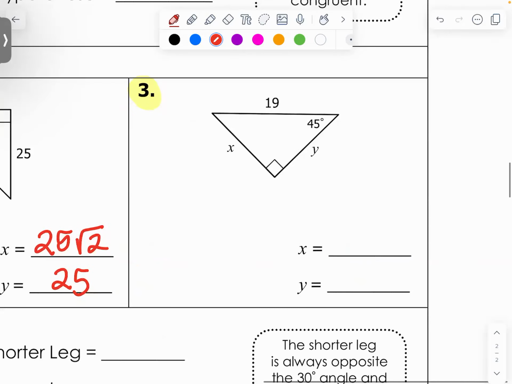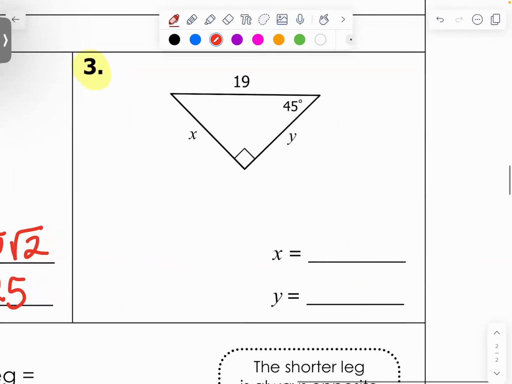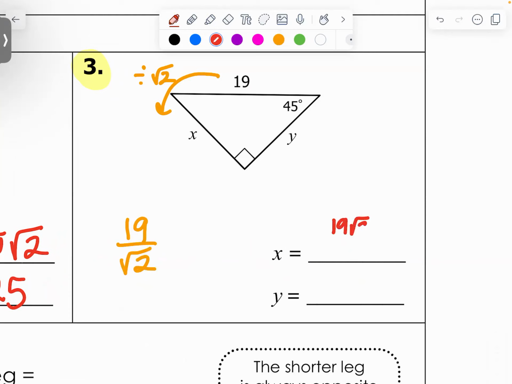Okay. Now in number 3, Braden, how do we go from hypotenuse to legs? So when we take 19 and we divide it by the square root of 2, Braden, what does that simplify to be? And as ugly as that looks, that's the answer that we're wanting.